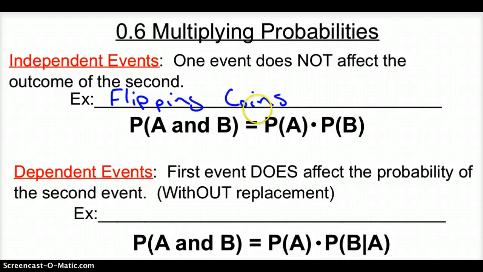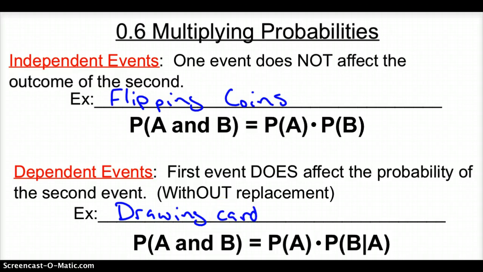Next is dependent events. The first event does affect the probability of the second event. A lot of the times you will see the words without replacement. So drawing one card, not putting it back, putting it on the table, then going back to the deck and drawing a card. You could also be picking something out of a bag without replacement.